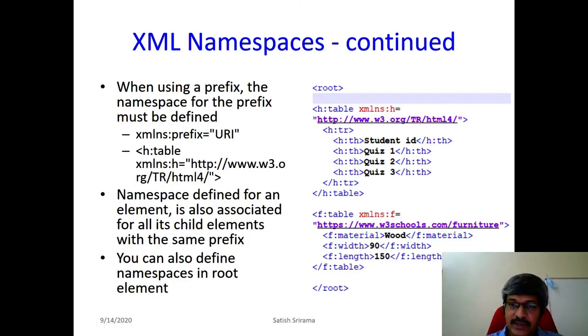Instead of putting these namespaces everywhere, you could have saved all these namespaces in the root itself. Within this root, if you say xmlns colon h is this one and xmlns colon f is this one, you could put them in the root. Then you can still retain all the information, so the namespaces are maintained for these elements.